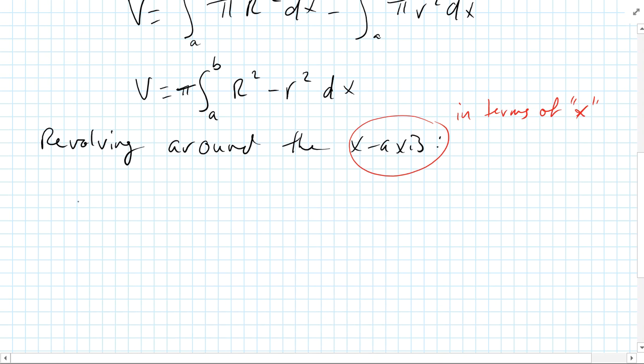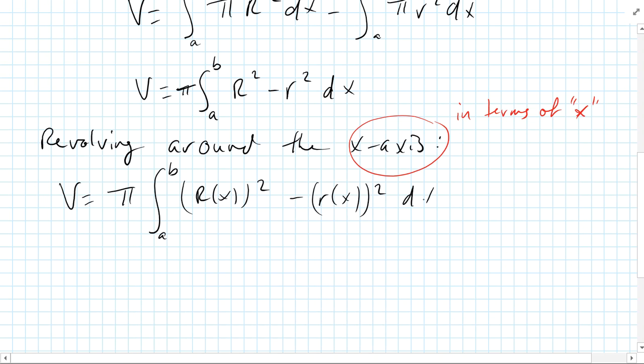And then the volume is equal to pi, factor the pi out, integral from a to b of big R of x squared minus little r of x squared dx.